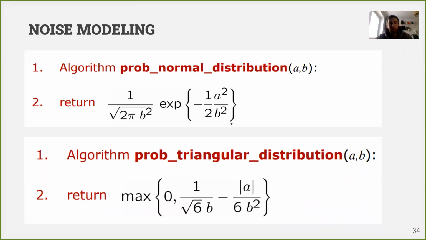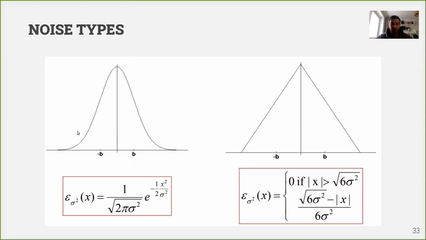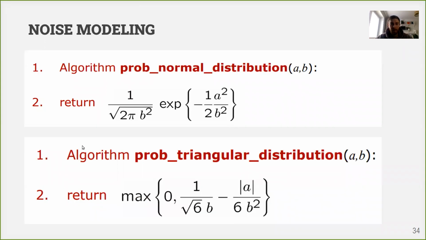So there are two types of operations we want to perform with our probability functions, with our noise functions. First of all, we want to have an instrument to compute probability of a particular pose.